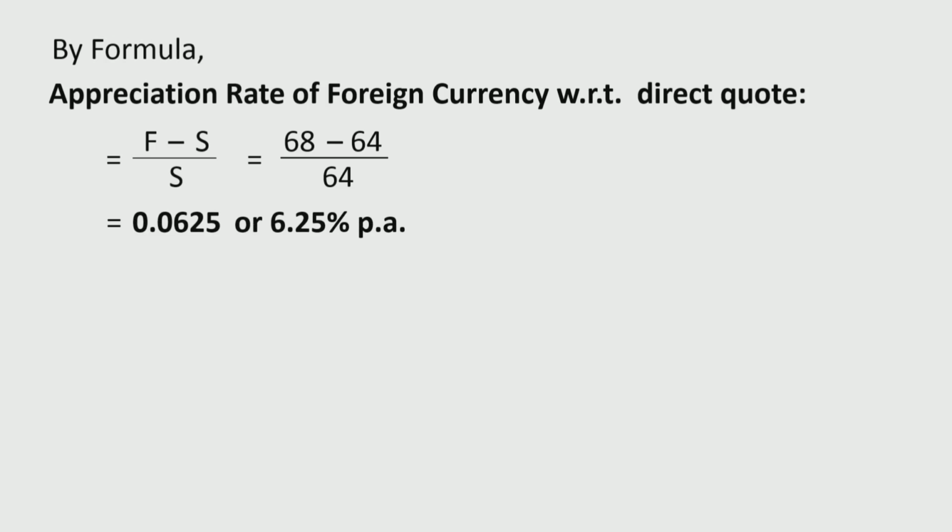Now friends, in the first part we have concluded that price of dollar is increasing by 6.25%, which indicates appreciation rate of dollar or premium rate of dollar in the forward market. So if dollar is appreciating, definitely rupee is depreciating. But my friends, rupee does not depreciate by 6.25%.